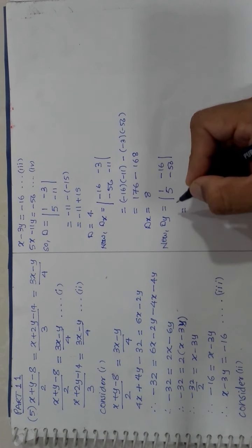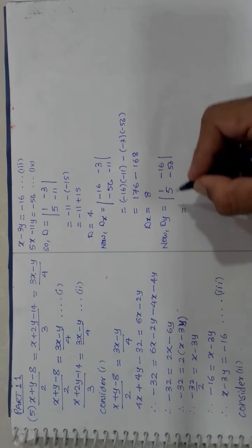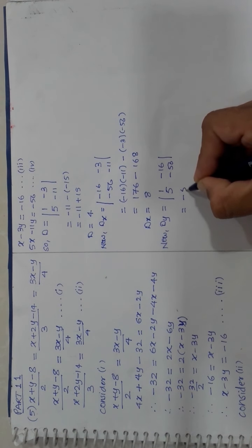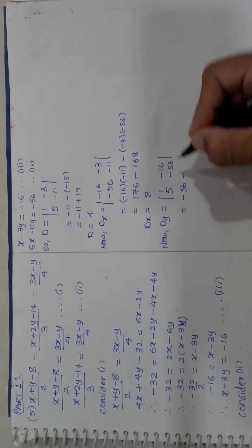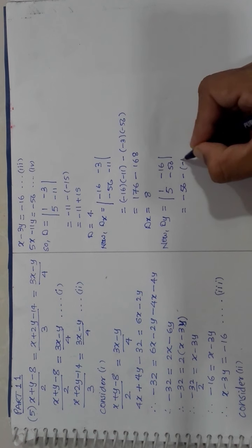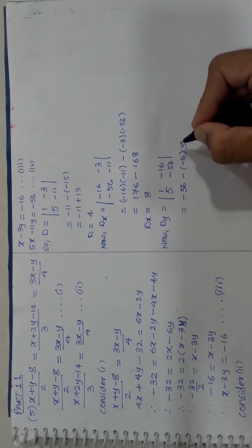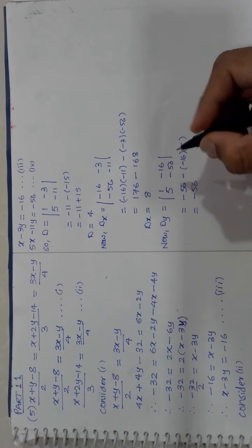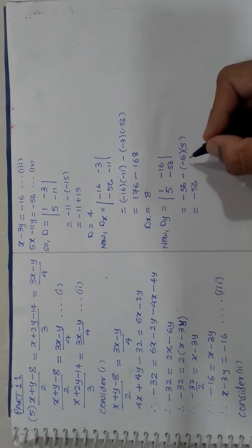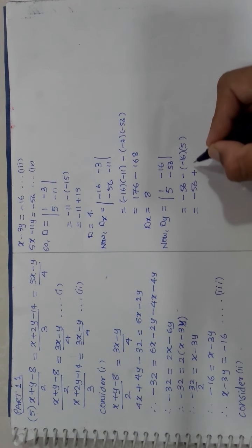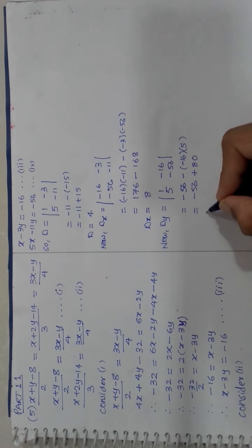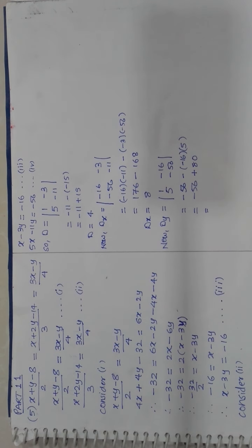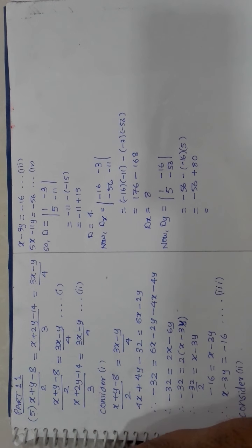So you get here 1 into minus 56, that is minus 56, minus into bracket minus 16 into 5. So minus 56, minus into minus becomes plus 16 into 5 is 80.